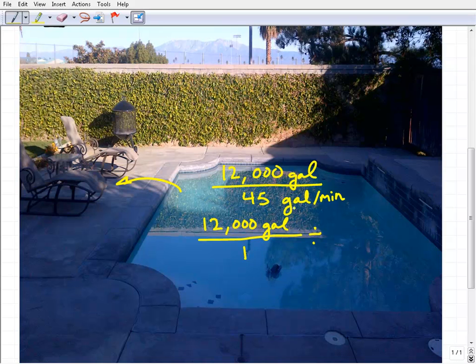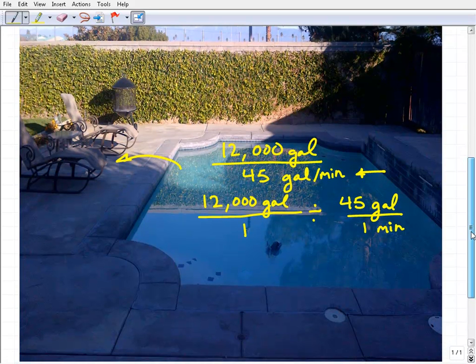So the way we would write that fraction, and it's important to know how we would write this, is this way: 45 gallons, where gallons happens to be in the numerator, and per minute, that's a fraction bar. So that's really written in this manner, per 1 minute. All right, it's really important that you understand this. So you have 12,000 gallons divided by 45 gallons per minute. Of course, this is the shorthand way of writing it, but the actual fraction looks like this.